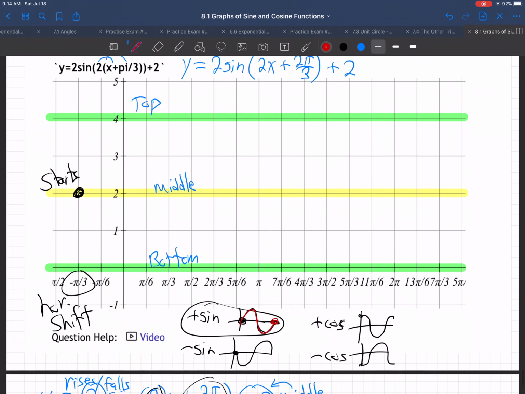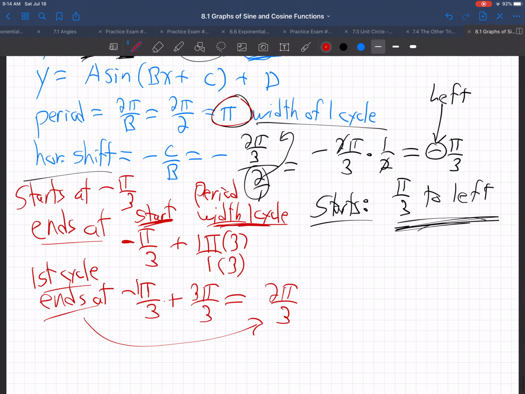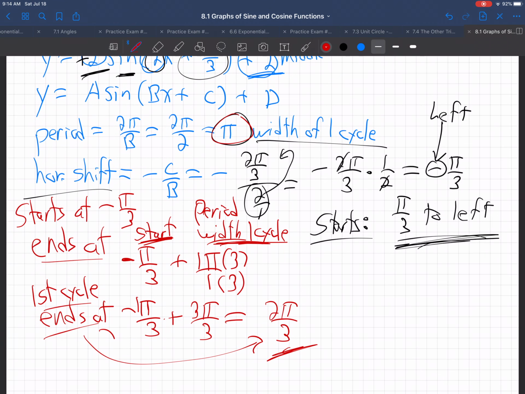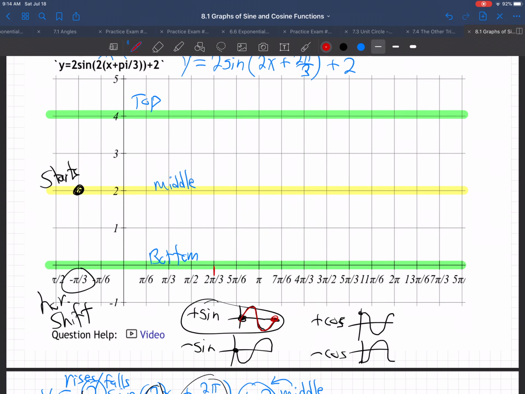So let's come back here, and it's going to end at 2 pi over 3, at x equals 2 pi over 3. So right here, this is going to be the end of one cycle. So here's one cycle from here to here. First cycle will go there, because that's a whole pi, isn't it?